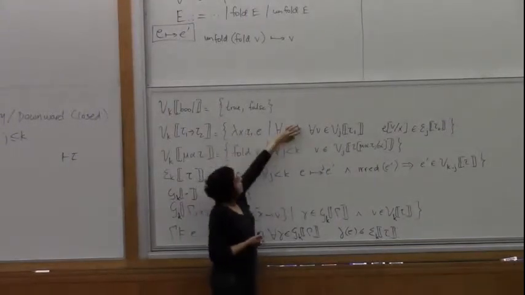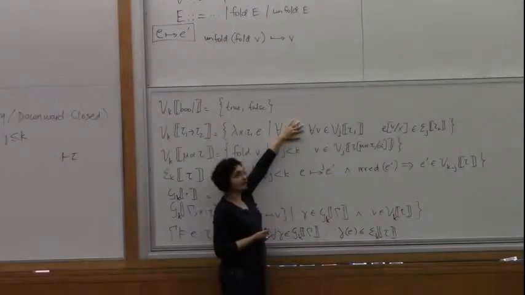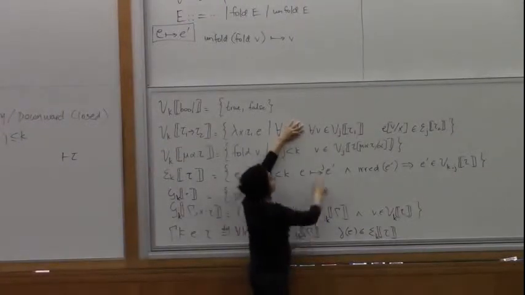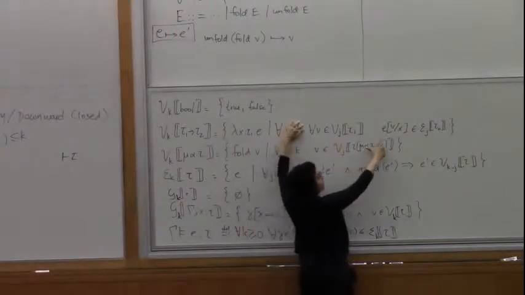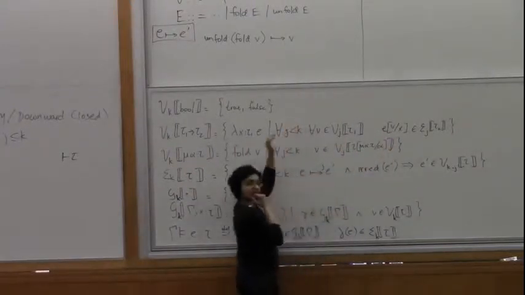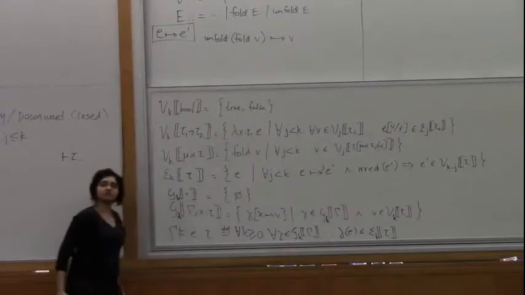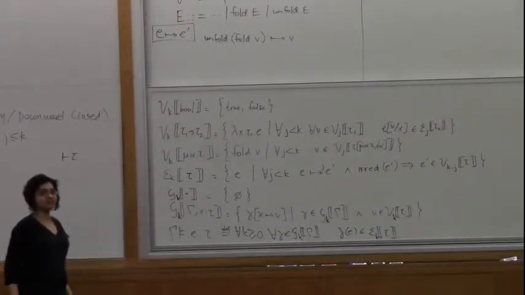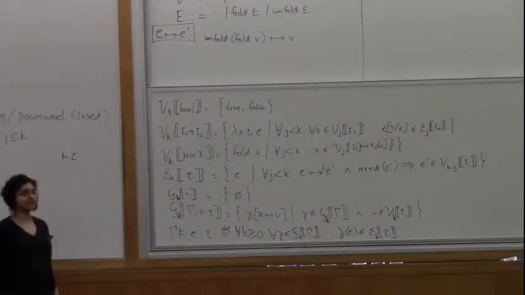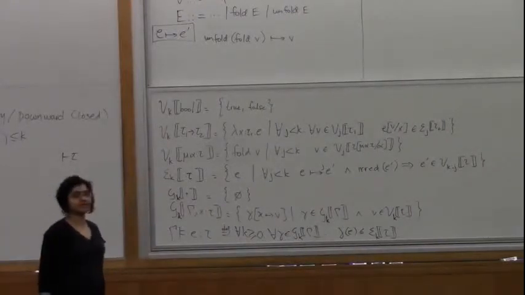What if I had not said "for all j less than k"? What if I had just said, if you give me a v that's good for k steps, and then I do the substitution, that expression has to be good for k steps? Does anyone want to argue for that definition, or wonder what would go wrong if we had done that?